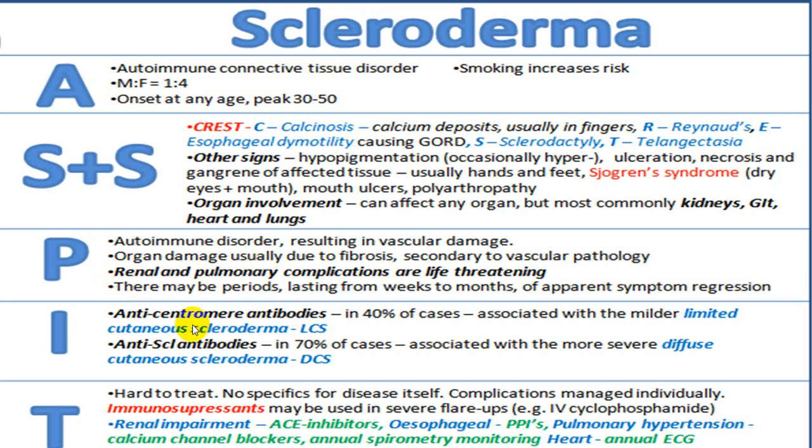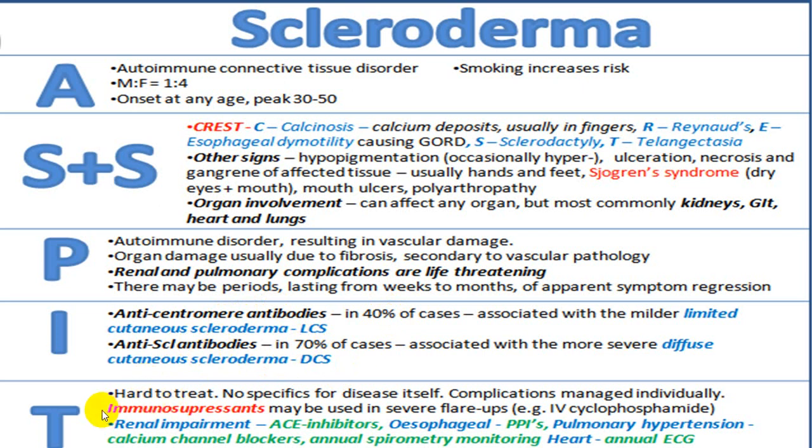As far as antibody is concerned, in limited cutaneous scleroderma, there is ACA antibody positive in 40% of the people, we call it anti-centromere. While in case of a diffuse variety, there is anti-scleroderma antibody present not in 70%, almost we say 90%.